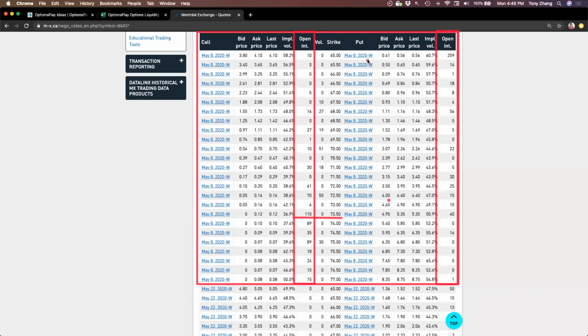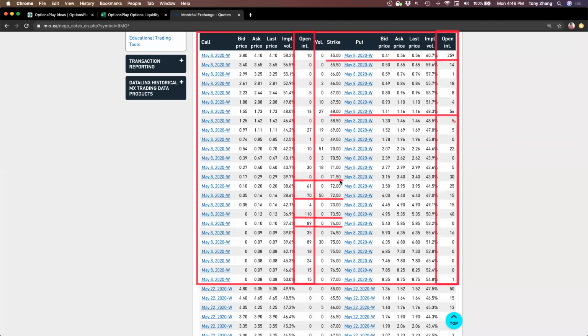On the put side, the May 65s have a lot of open interest. We also have the May 68 puts that have 56 contracts, and let's say the May 72.5s. So these are some contracts that have a lot of open interest compared to the other ones, versus the 71.5, which has 0 open interest.